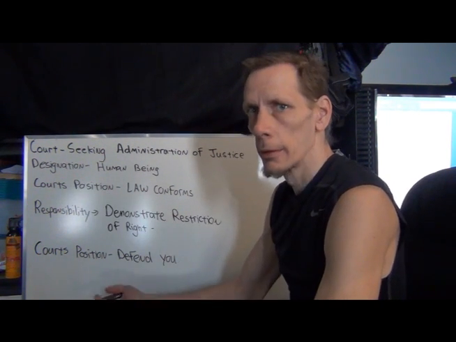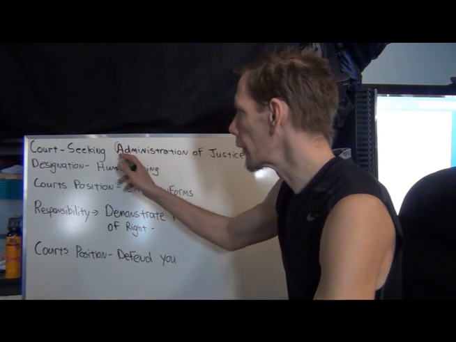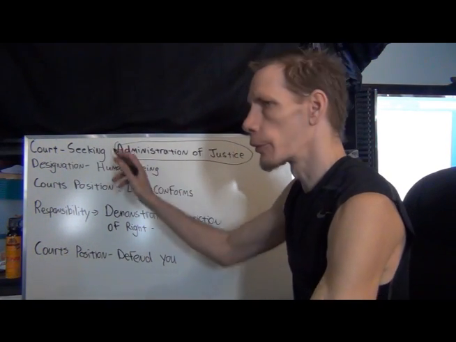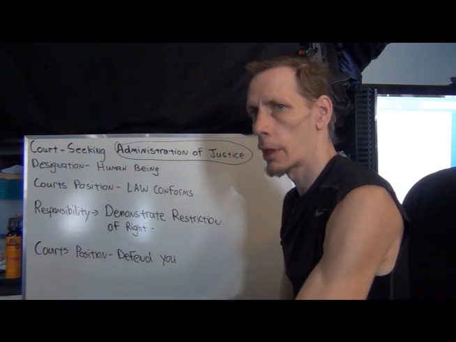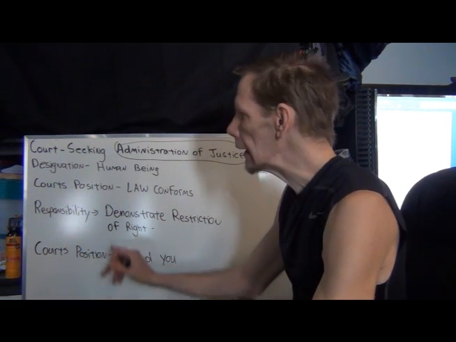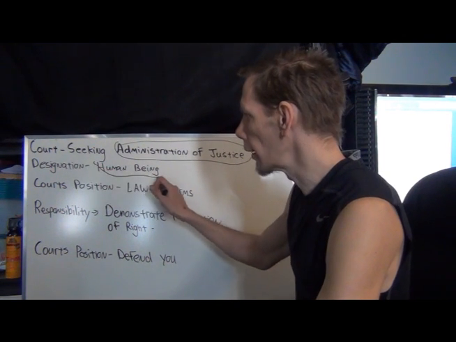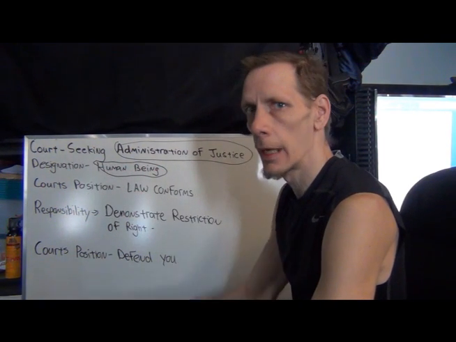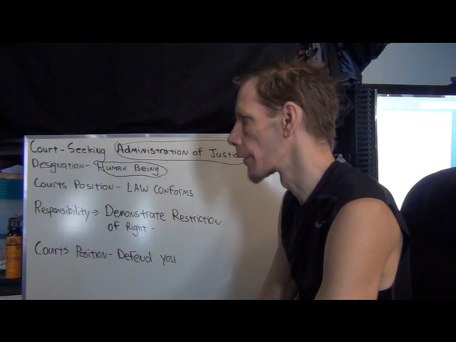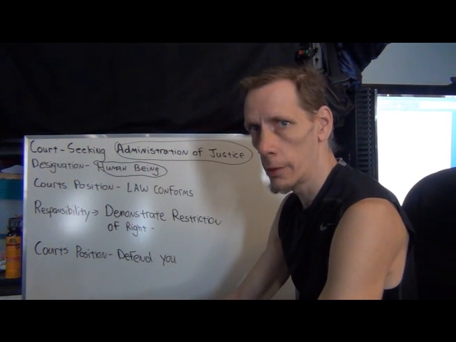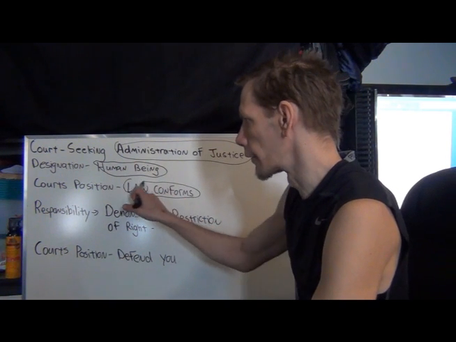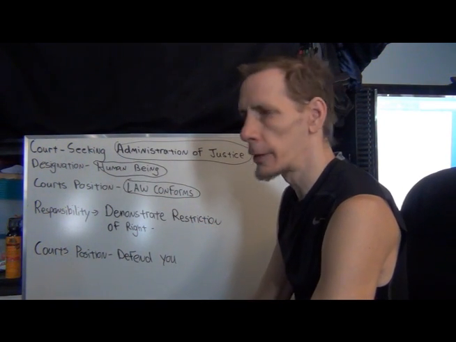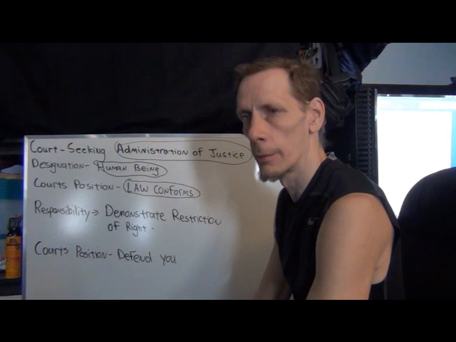You're in court. I'm here seeking the administration of justice. Whether I was called here or whether I opened my own federal claim, that's what I'm here for. My designation as human being has been recognized through my prima facie evidence, my live registration of birth. The court's position right now is that law conforms to international obligations, that all law allows me to express my fundamental rights and freedoms.